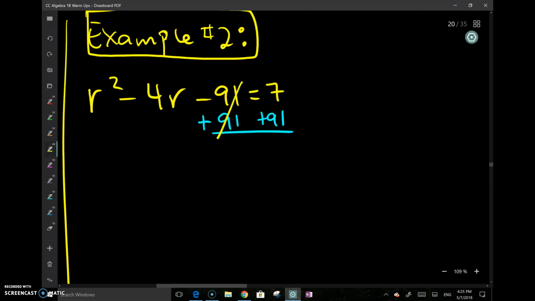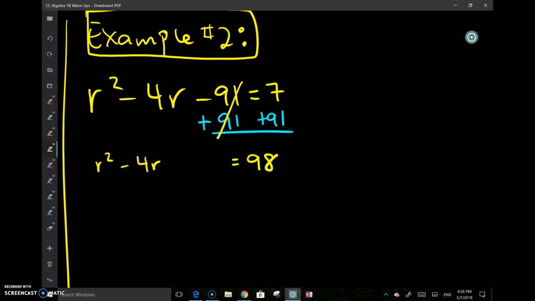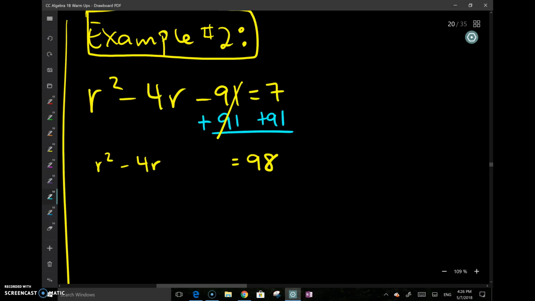All right, so these go away, and I have r squared minus 4r is equal to 98. Now I left a gap between the negative 4r and the equal sign because at this stage, what I need to do is add a new component, and it's going to be based on my b value, which is negative 4.